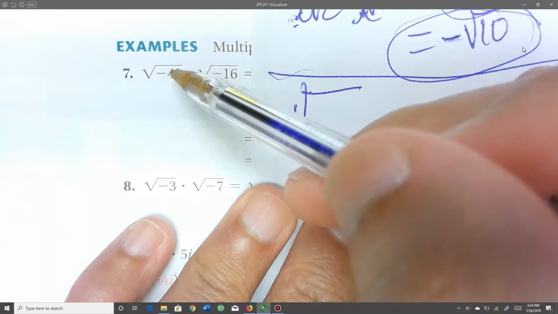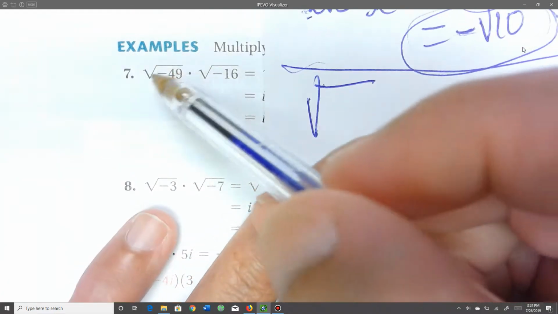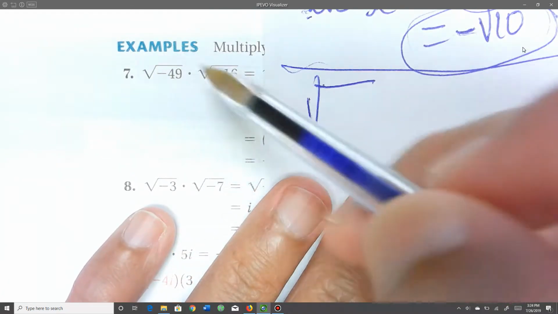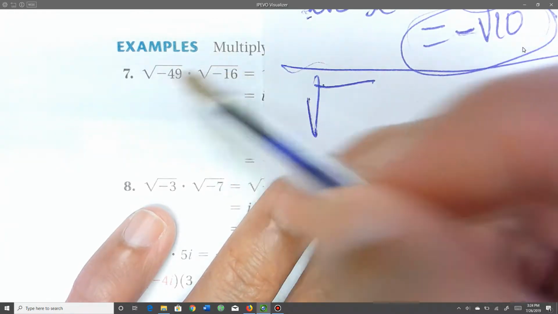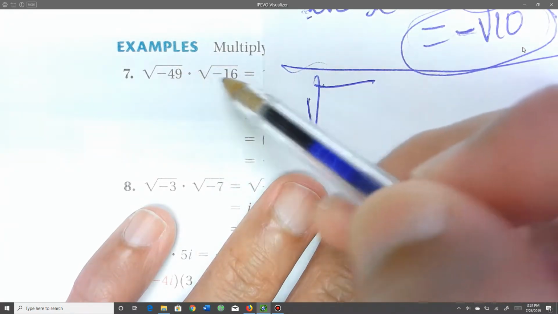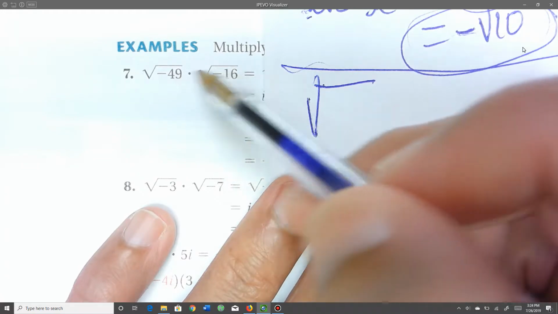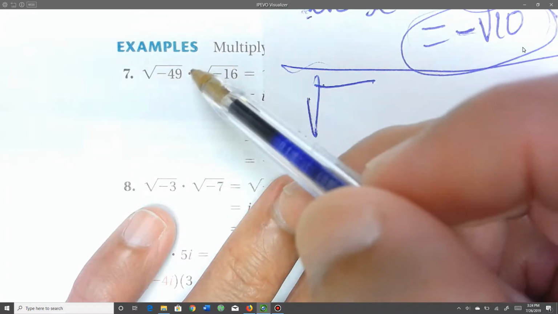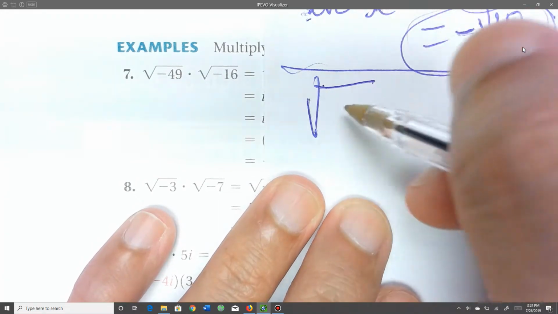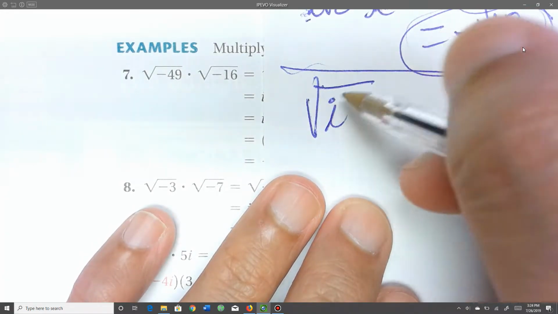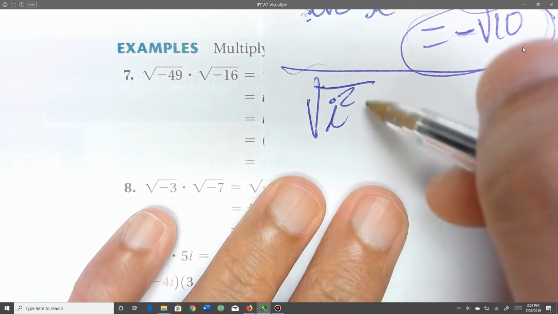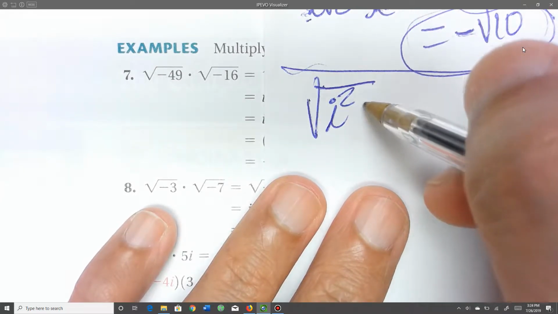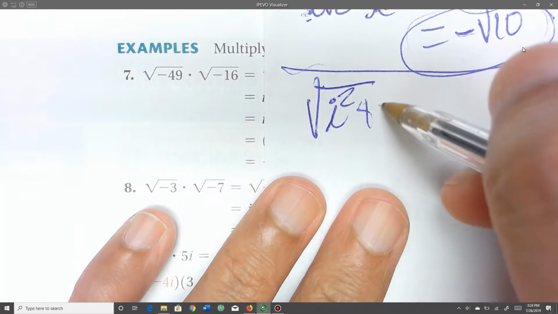Since I know I have a negative radicand, well, two negative radicands, remember that we don't want that before we multiply. We need to get those negative signs out of the radicals. And in this case, I'm just going to leave 49 as 49.